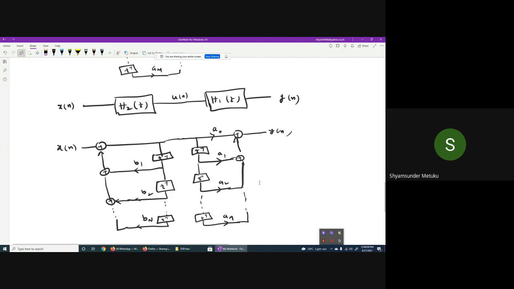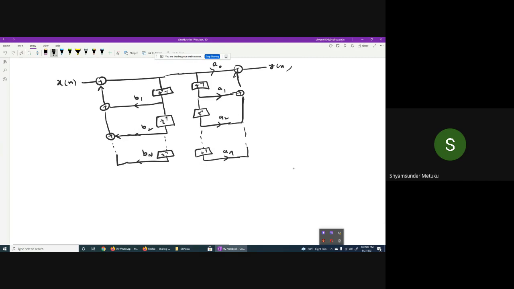Okay, now here you can see whatever value is available on this wire. Assuming this is a wire for me, you're tapping from here, you're tapping from here. What is the output you'll get here and here? Is it not u of n minus 1? From here to here, the signal is same, isn't it?